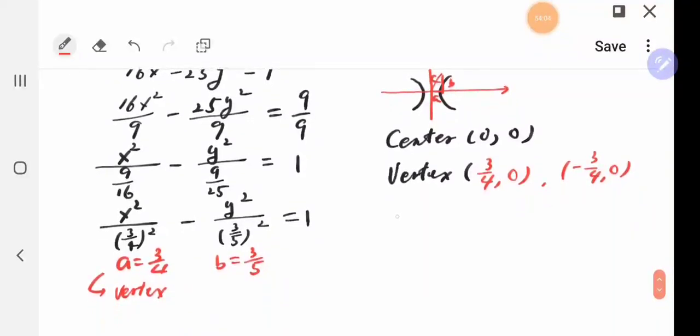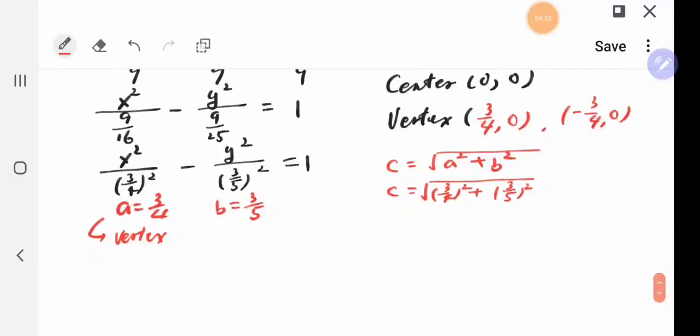So c is equal to the square root of a squared plus b squared. Then c is equal to the square root of (3/4) squared plus (3/5) squared, which is 9 over 4 plus 9 over 25.